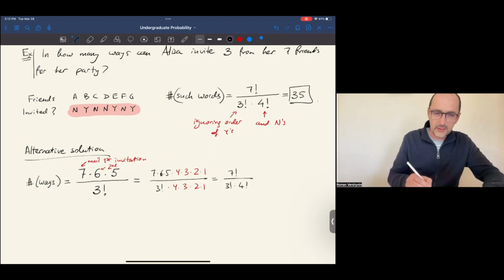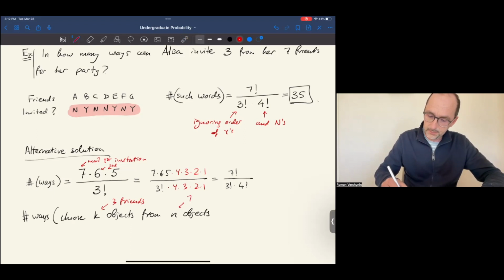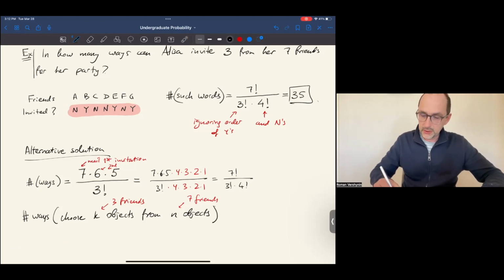More generally, let's say, the number of ways to choose k objects, let's say 3 friends in that example, from n objects in any order, the order doesn't matter. The number of ways to choose k objects from n objects.